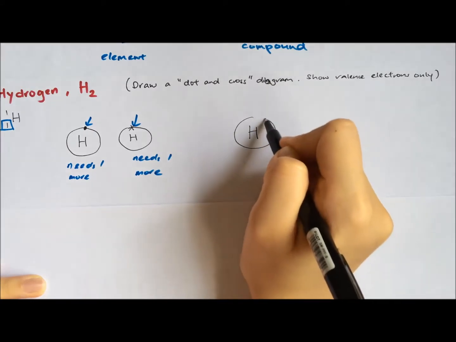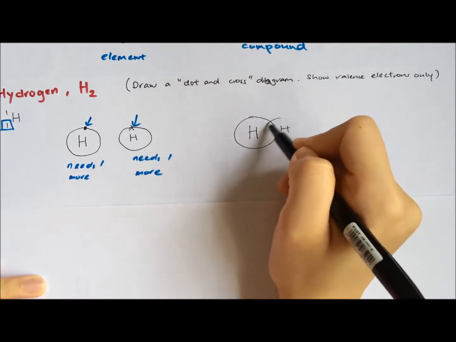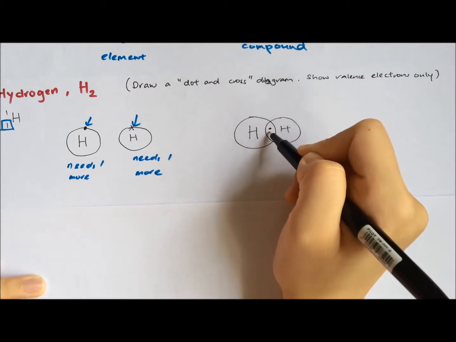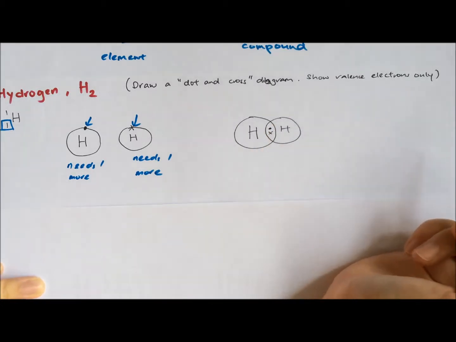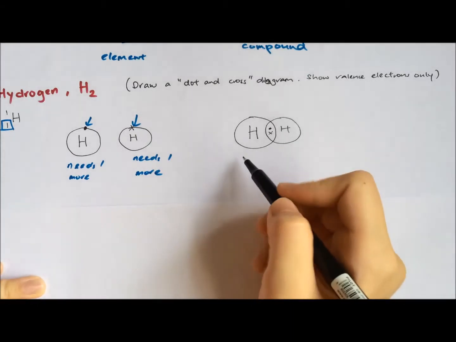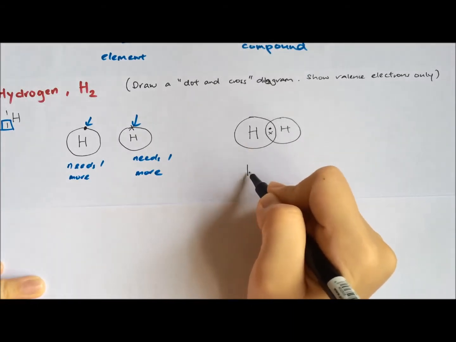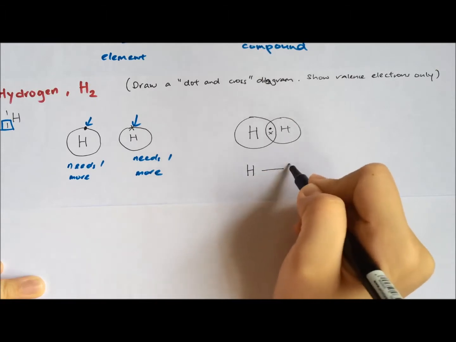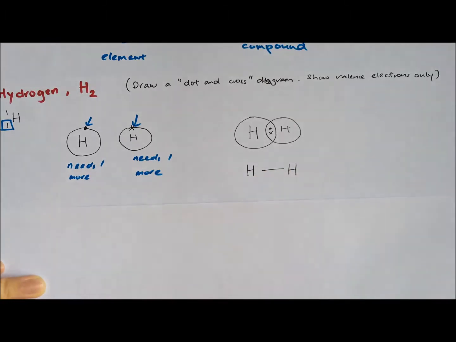So when we share, it means we draw them overlapping. And in the middle, we draw one dot and one cross. So you will see that now the first shell is completely filled. So this is a covalent element. One dot and one cross, we can represent with a single line.